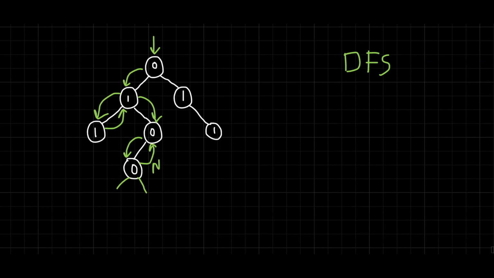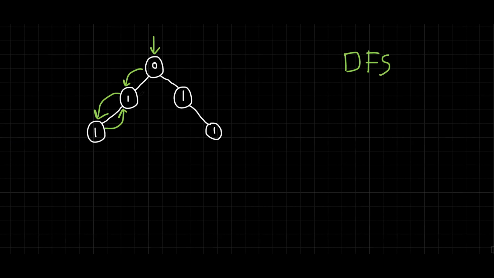So we will remove this node 0. Now, this node 0 also does not have any left or right children. So it will also return the value null. So we have to remove this node as well.